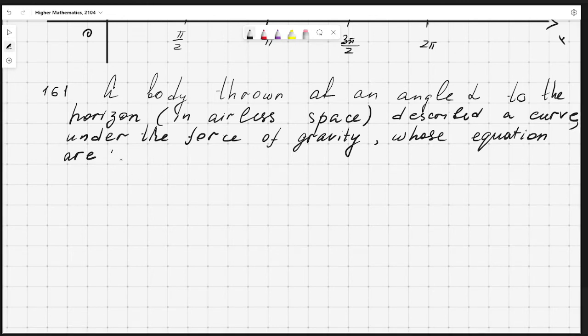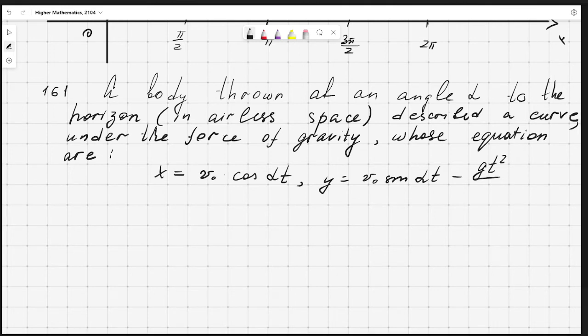x is v0 times cosine of alpha times t, y is v0 times sine of alpha times t minus g t squared over 2, where g is 9.8 meters over second squared.